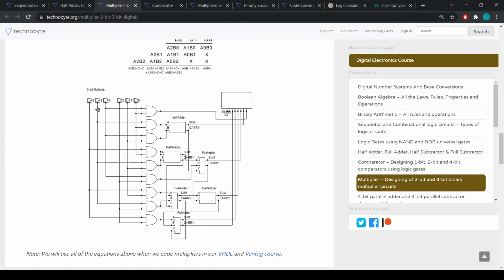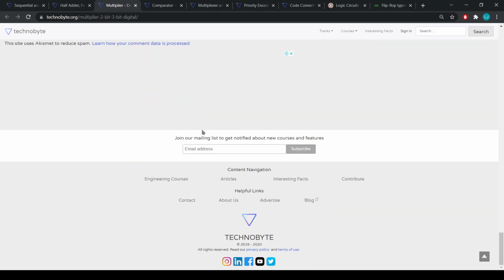So for a2 b2, you add the carry of this one here, which is here, and you also add the carry of this, yes, this. So now you get the output. So that is a multiplier.